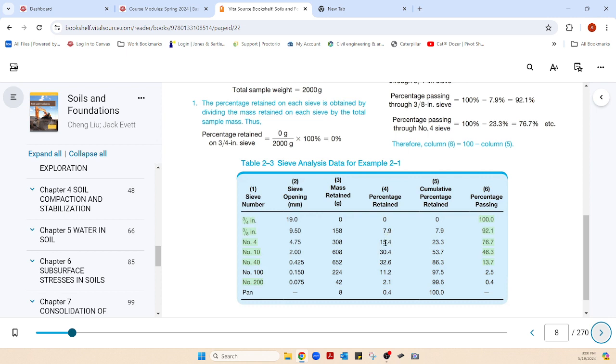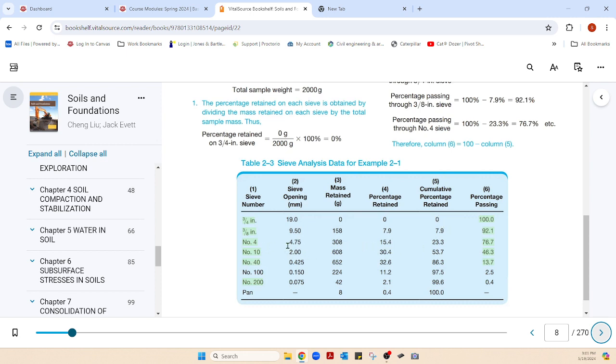Sieve number 4, there's 15.4% of that weight. Let me get back just a little bit. The mass retained here is 158 grams. You divide that by 2,000, you get 7.9. You add that to 0, you get 7.9.